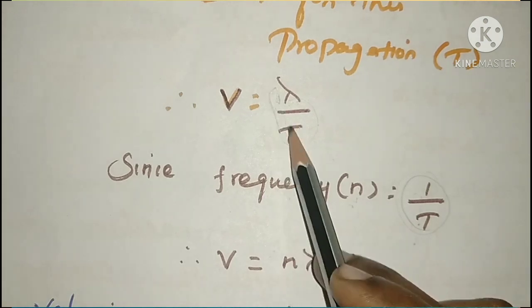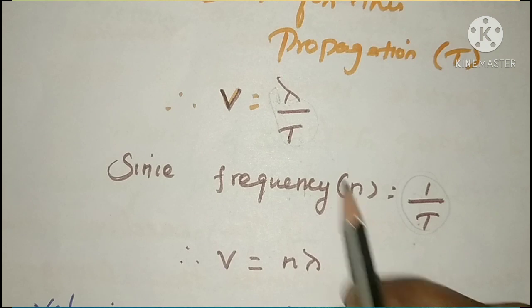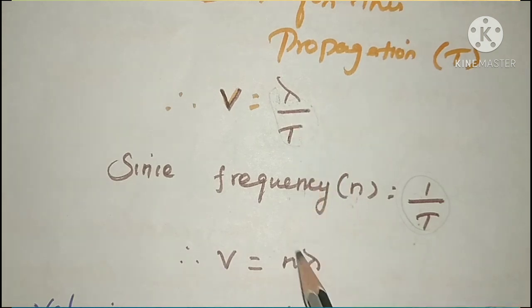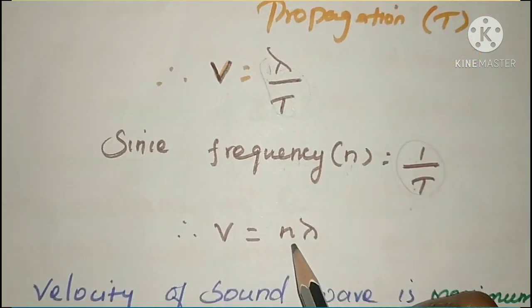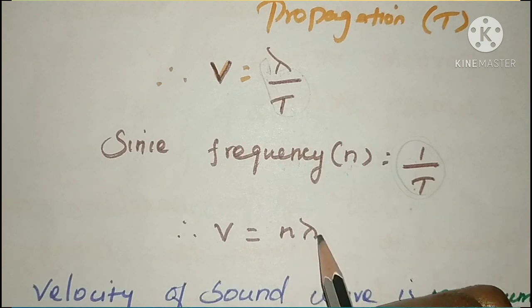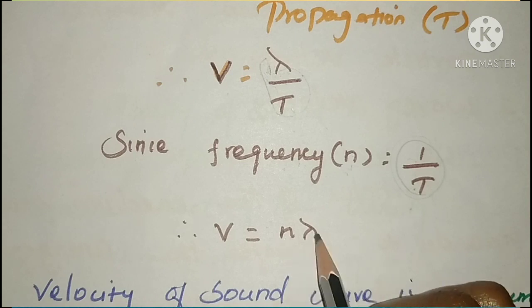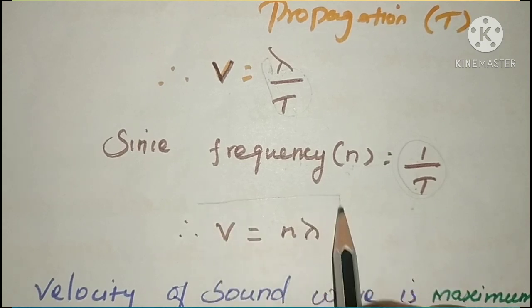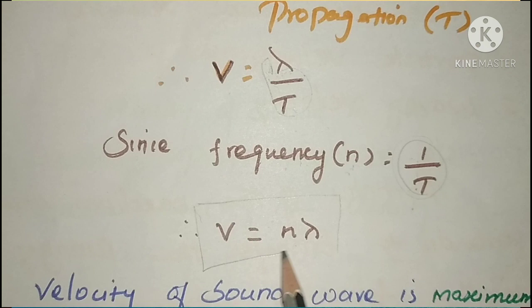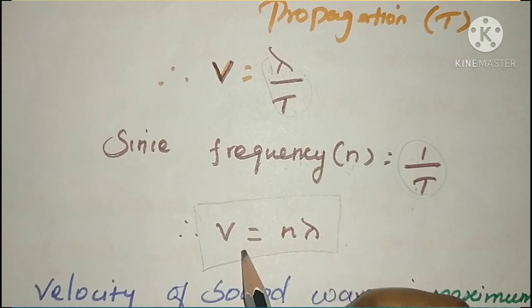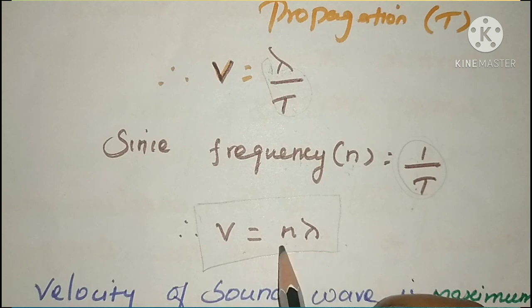So the velocity is equal to frequency into wavelength. This is the formula for the velocity of the sound wave: velocity is equal to frequency into wavelength. N denotes the frequency and lambda denotes the wavelength.